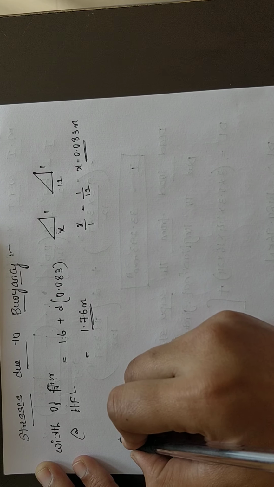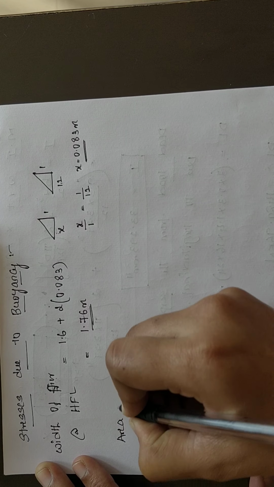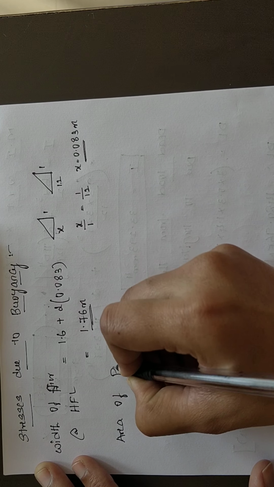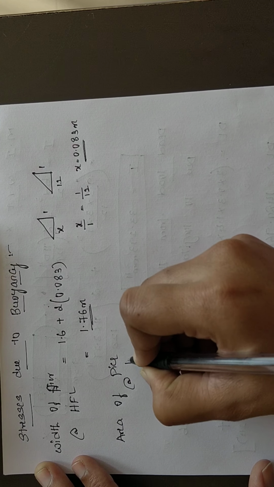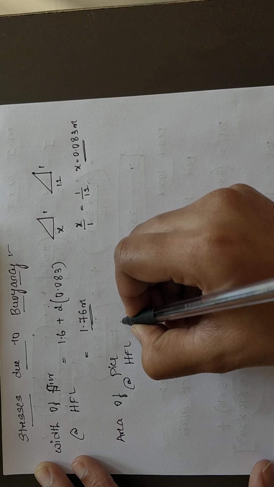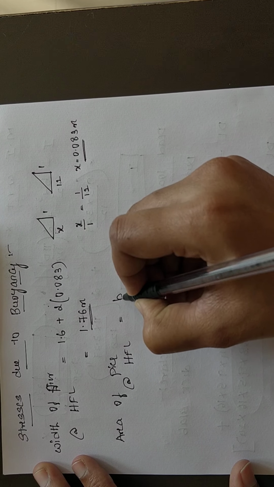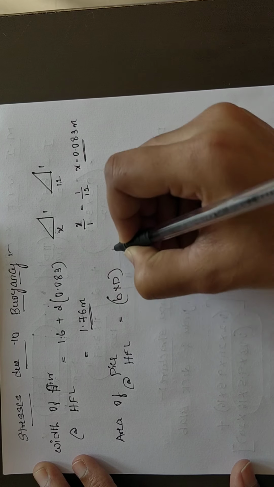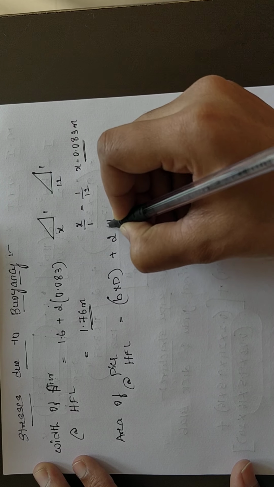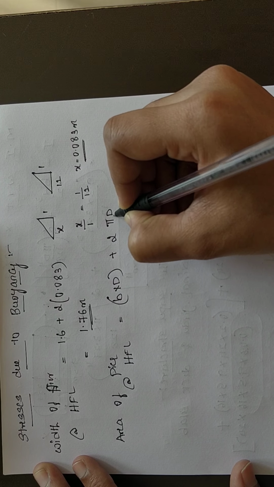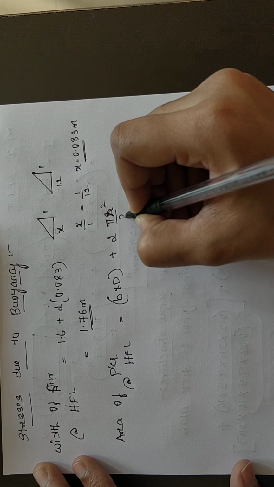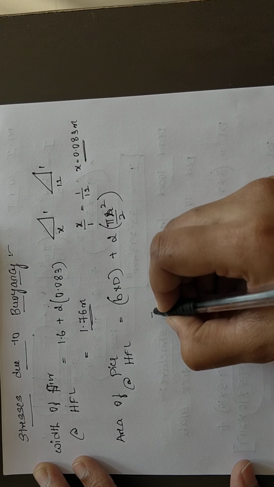Then calculate the area of the pier at HFL. It is the same formula as before: one rectangle and two semicircular areas, that is B into D plus twice into pi r square divided by 2. Substitute the values.